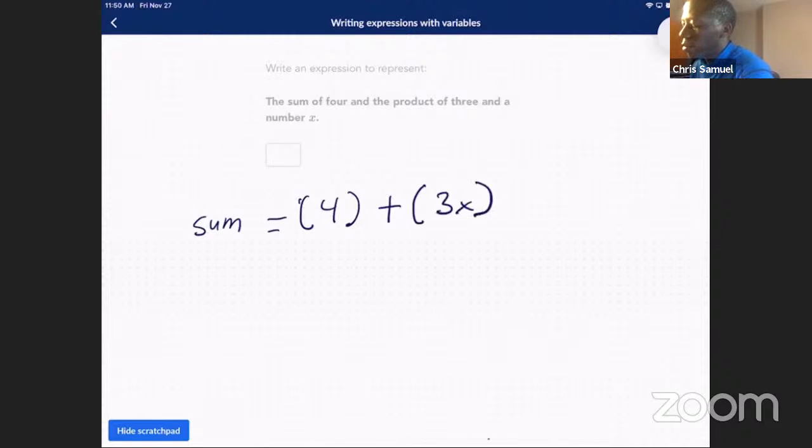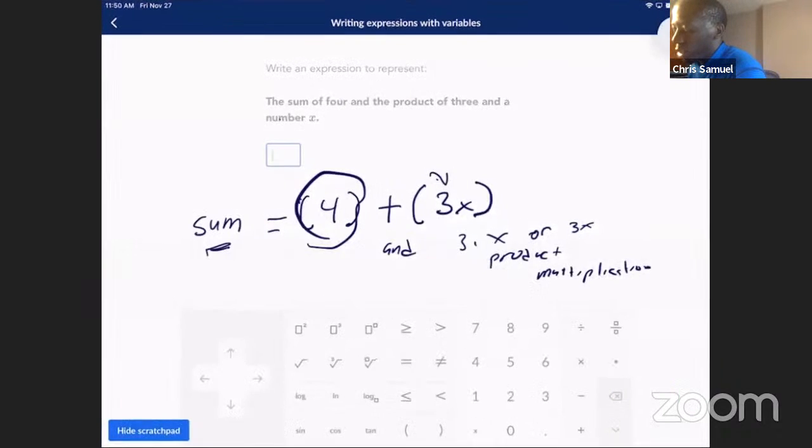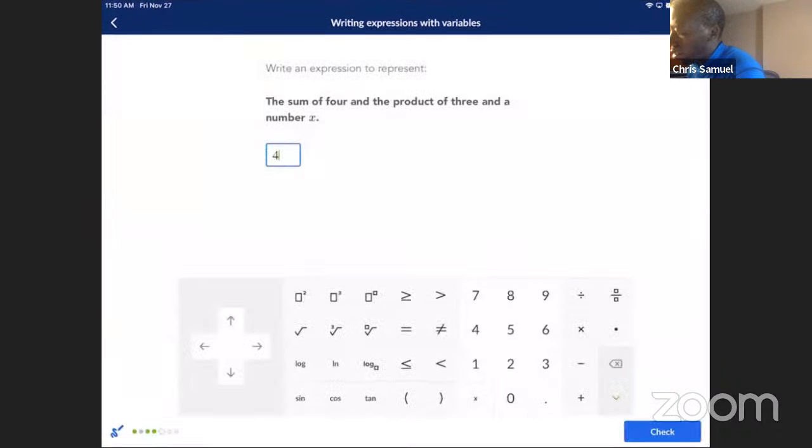So 3 times x or 3x. Product means multiplication. Okay. So we're going to say 4 plus 3x.